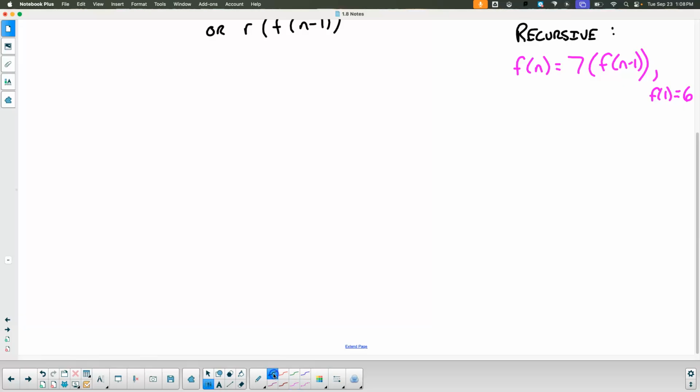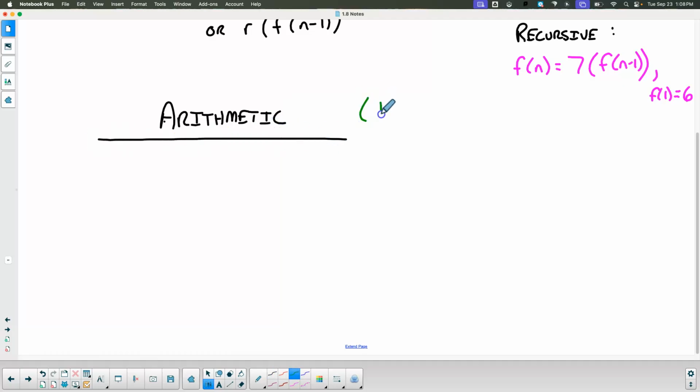Then we've got arithmetic. That's where we add or subtract to get the next one.